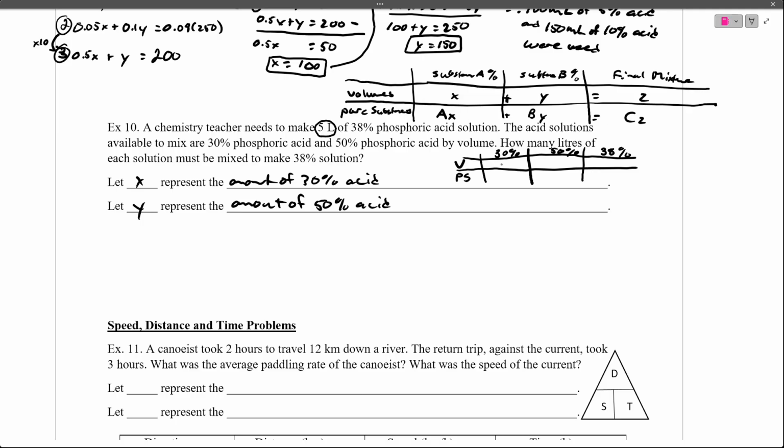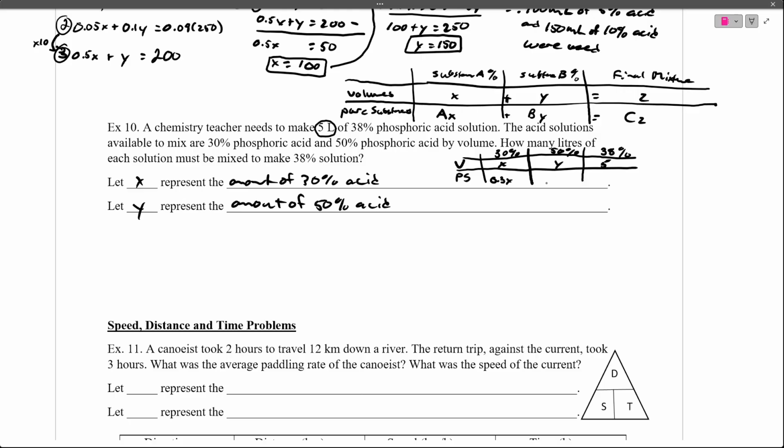So we know that X is the volume of the first substance. So that's just X. Y is the volume of the second substance. And when we combine them together, we get a total of, as it says in the problem, 5 liters. On the bottom here, well, what is the potency of the first substance? It's 30%, so 0.3x.